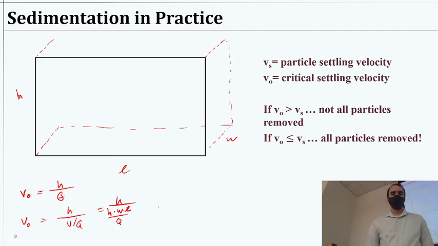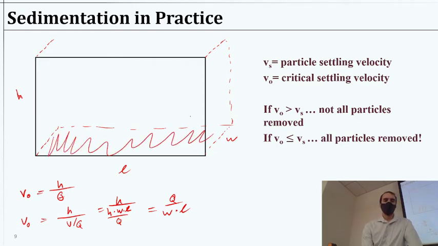So we say, okay, well, this is equal to the flow rate divided by the width times the length. And the width times the length is that area of the basin here. So this is our AB. Then we can say V naught equals Q over the area of the basin.